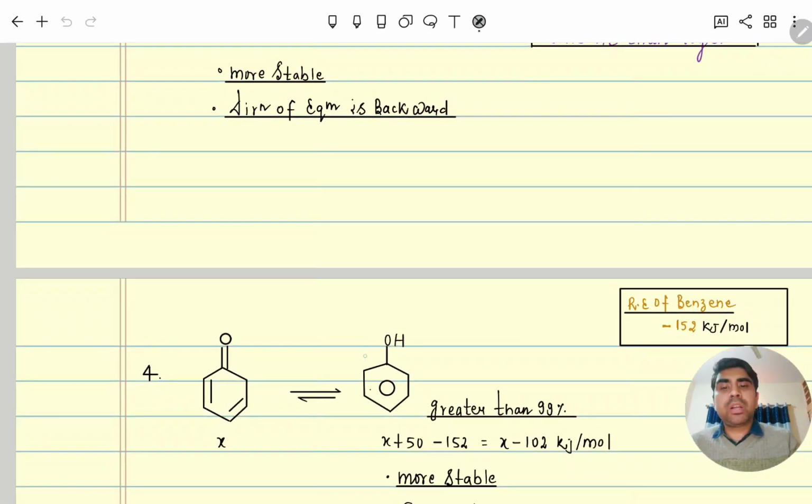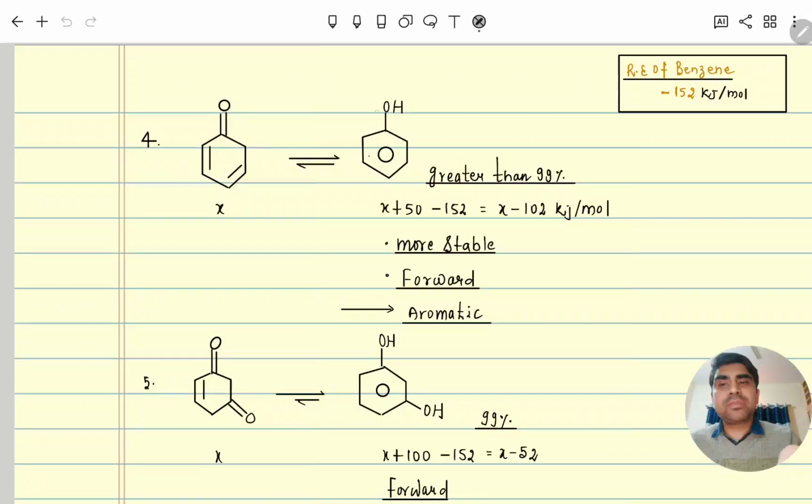Next, moving further: as we discussed, this is a ketone system and the enol is formed. If its energy is x, the enol will be x plus 50, but since the enol here is aromatic, this benzene has a resonance energy of minus 152. So overall, as we add, it will be x minus 102 kilojoule per mole. You can see its energy is now decreased due to the resonance energy of benzene.